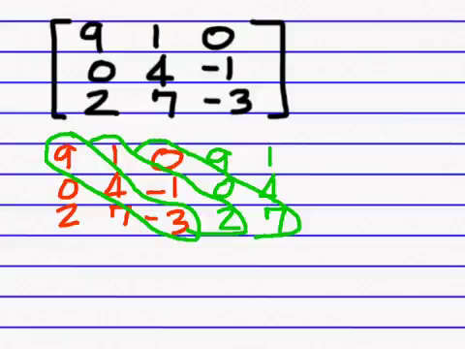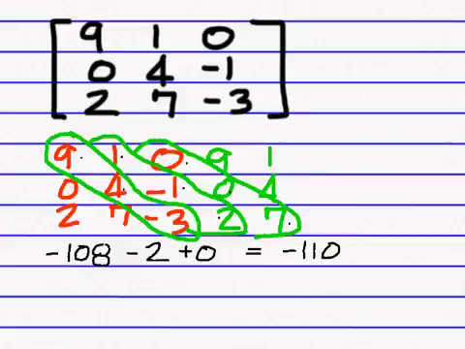When we do that, you'll have 9 times 4, which is 36, times the negative 3 is negative 108. And then 1 times negative 1 is negative 1, times 2 is negative 2. Since we're adding, it becomes a minus 2. And then 0 times 0 times 7 is 0. So from this addition, we're going to come up with a negative 110.